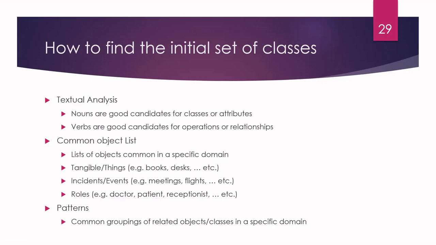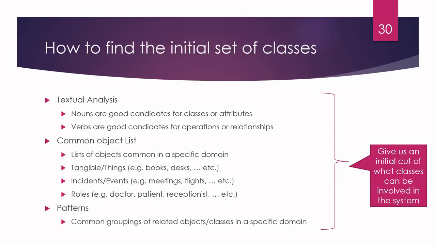When we talk about course management, it goes without saying that you need students, courses, faculty, and classes. That gives you a first cut, an initial set of classes to start with, and later you can refine it. Usually it is an iterative process.